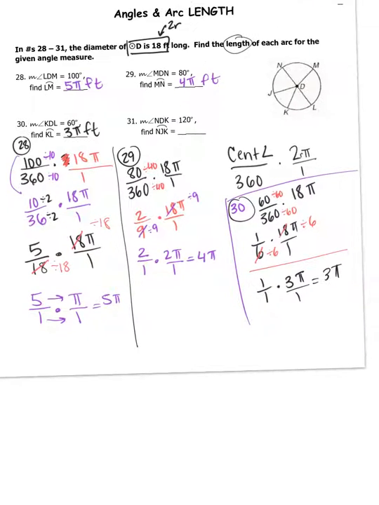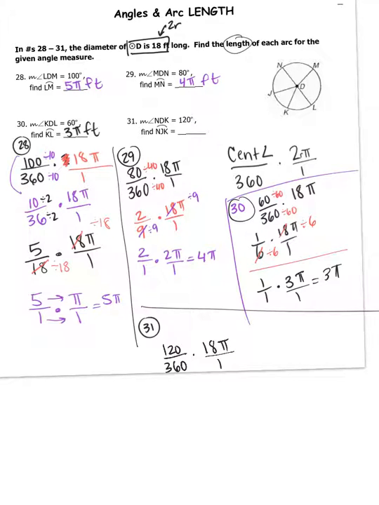We have one more, and that's number 31. I have the measure of angle NDK from N to D to K, and I want to find NJK. So perfect. I have the central angle, it's 120 degrees over 360 times the circumference of the circle, which is that diameter times pi.